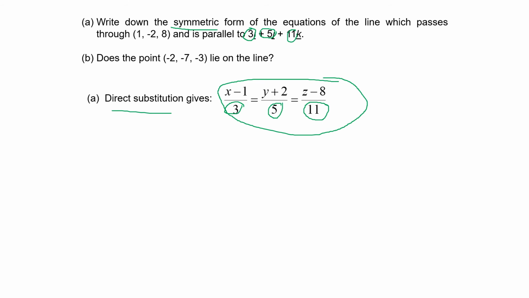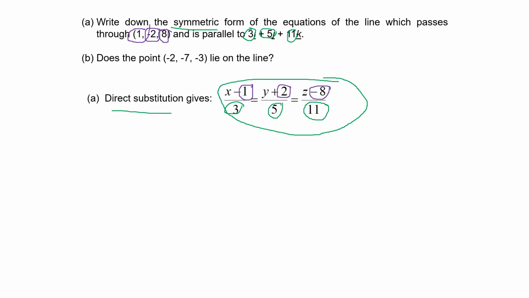In this case, the 1 is represented by x minus 1, your negative 2 is y minus negative 2, so it becomes y plus 2, and it is z minus 8. It becomes this.